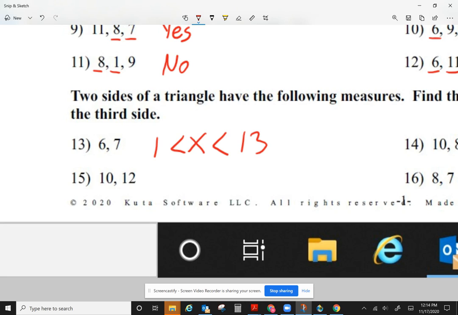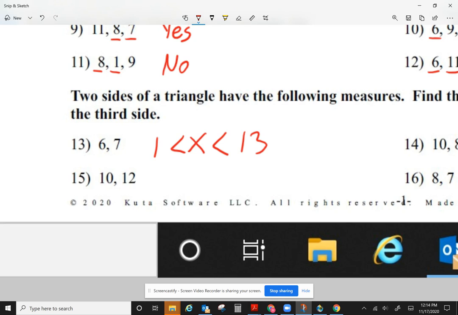How did I come up with the 1 and 13? The numbers I was given were 7 and 6. Subtract those numbers, and that's how you get the 1. Add those numbers, and that's how you get the 13. Some of you might be wondering, do I go 7 minus 6 or 6 minus 7? 7 minus 6 gives me positive 1. 6 minus 7 gives me negative 1.